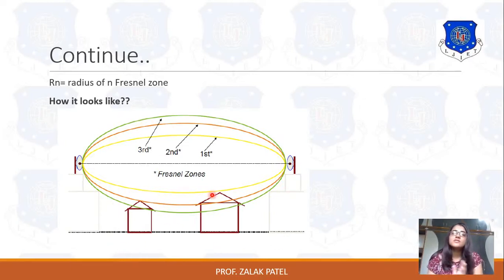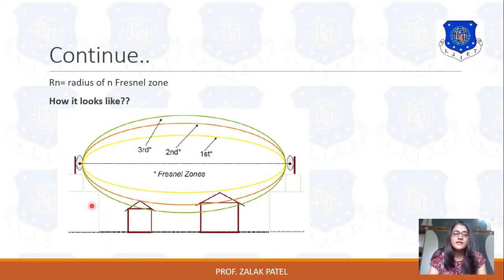Due to these two obstacles present between the transmitter and receiver, three different Fresnel zones occur. The first Fresnel zone has the minimum radius compared to the other Fresnel zones, and similarly the second and the third Fresnel zones.